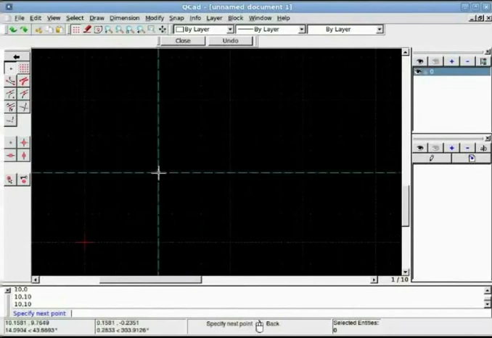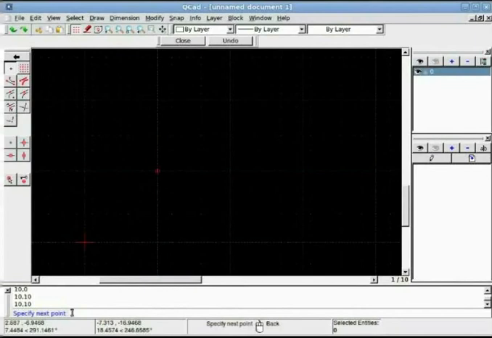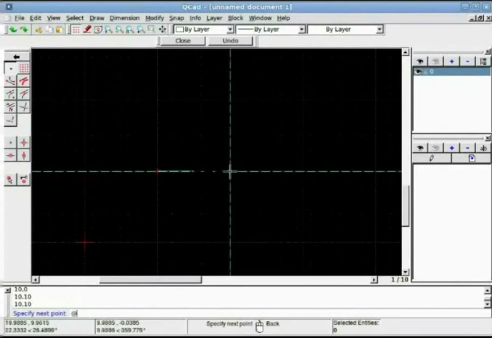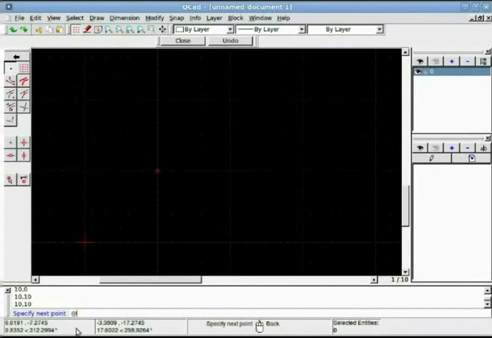For the next point, now that we are using the relative system, we have to put the @ symbol. Whenever we want to use the relative system, the @ symbol is a must. After that, I want to draw a horizontal line in the 3 o'clock direction of 10 units. So the x value is 10, so I put @10, 0 because the y value is 0 here.